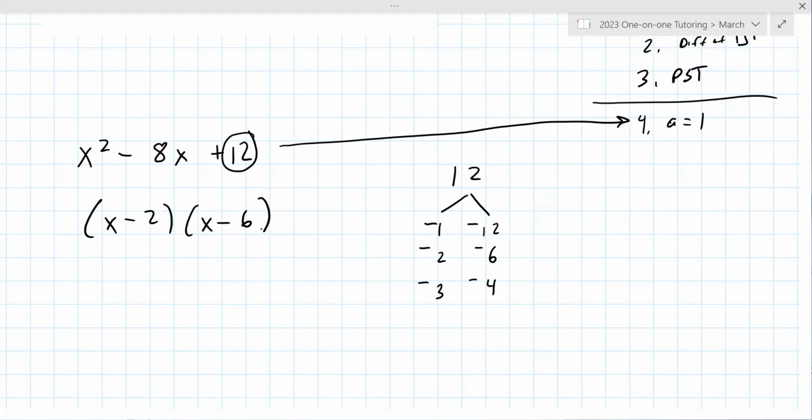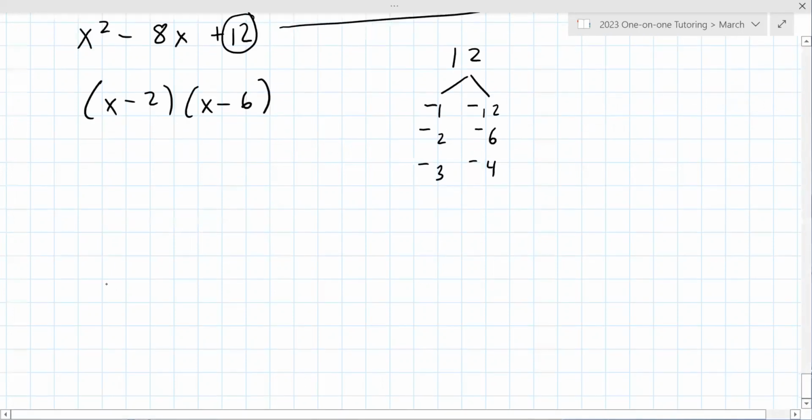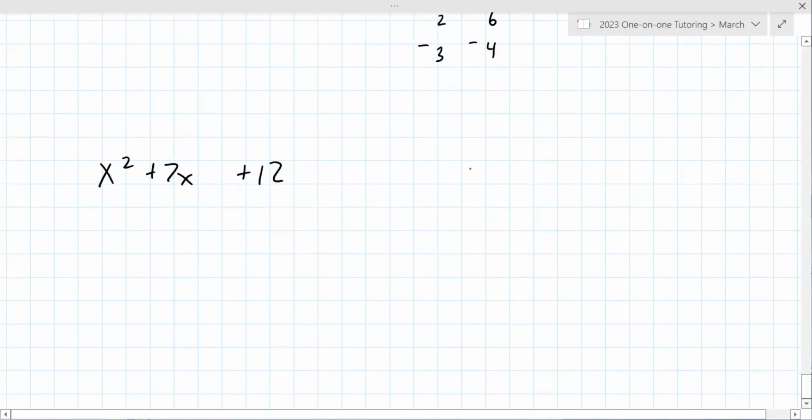Okay, so let's do a similar one. I'll read it out loud. X squared plus 7x plus 12. Very good. So you go to that last number and you find two numbers that multiply to 12, but they have to add this time to +7.